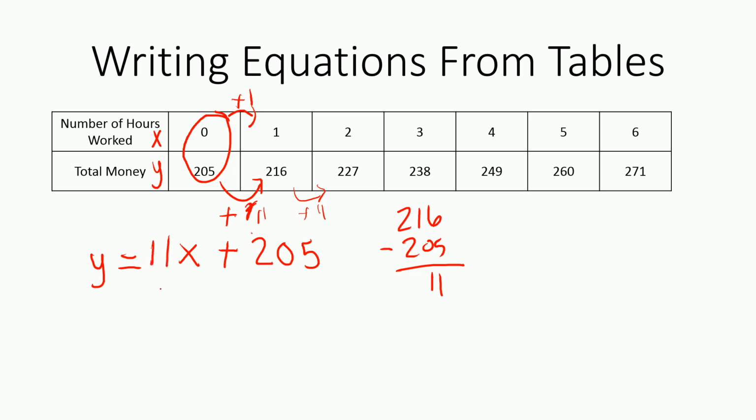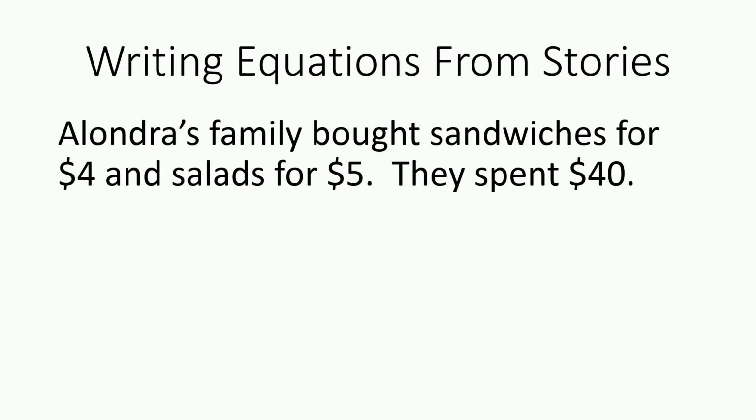And again, these are both true because we can see that the rate of change is always plus 11, and so on. And we started at 205. So for every 1 we move over, we're adding 11 of vertical movement.